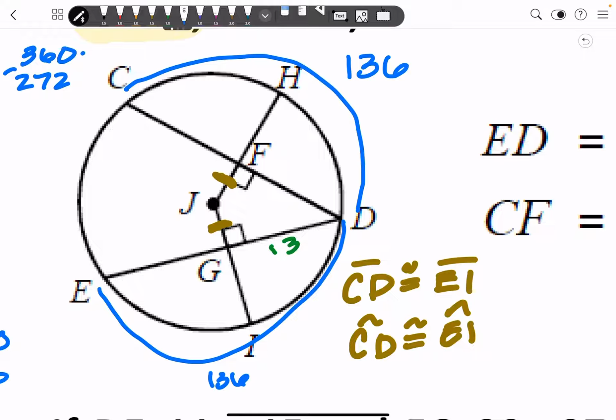Subtract the 2, and you get 88 degrees. So now we know that CE is 88 degrees. And had there been a central angle here, then the measure of that central angle, CJE, would be 88 degrees. Okay, so we've got enough from there.